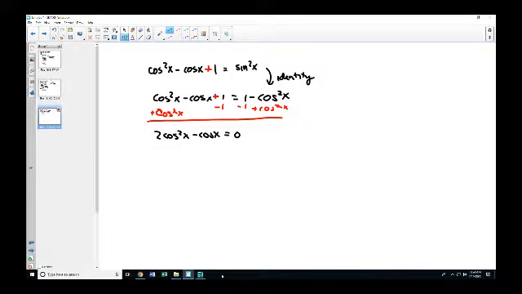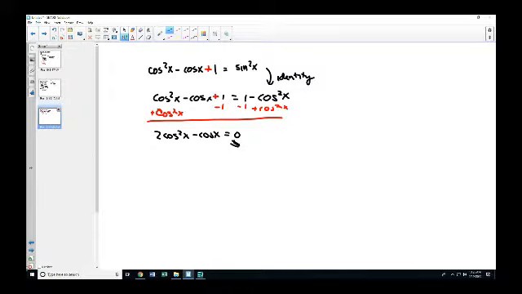With these longer equations, it is beneficial at times, most of the time, to set your equation equal to 0. Then you know that factoring is going to get you somewhere, if that's what we want to use. Okay, factor.